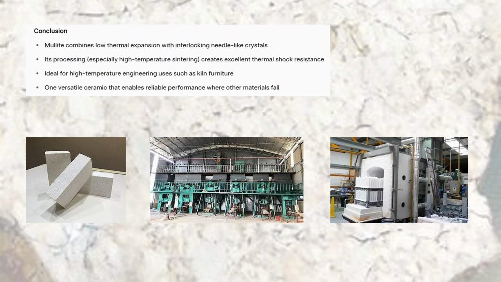Through careful processing, especially the high temperature sintering step, Mullite becomes an ideal material for demanding high temperature applications such as kiln furniture. It is a versatile engineering ceramic that performs reliably where many other materials would fail.